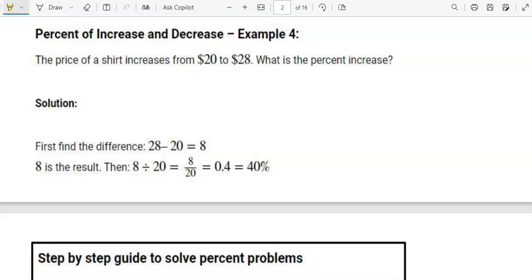Percent of increase and decrease, example 4. The price of a shirt increases from $20 to $28. What is the percent increase? Solution. Find the difference. We have the new amount minus the original amount equals the result.